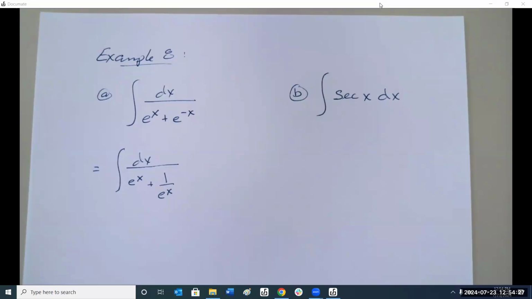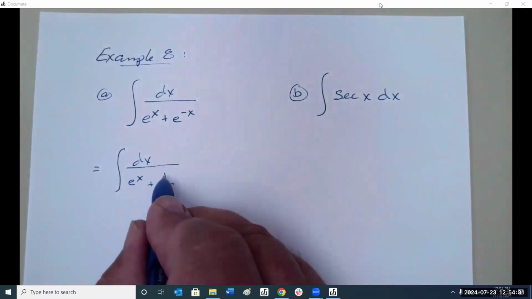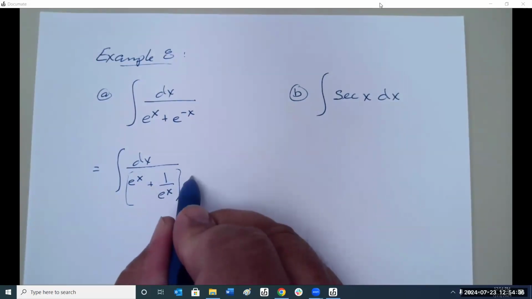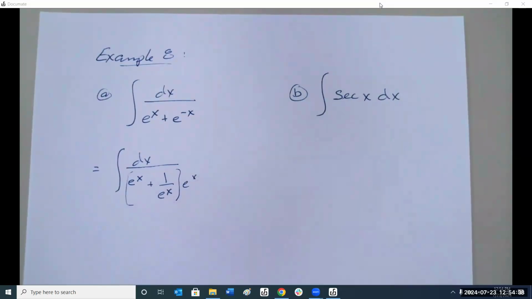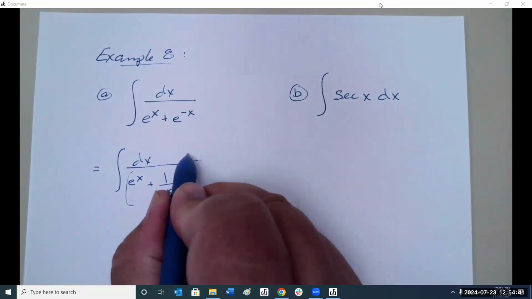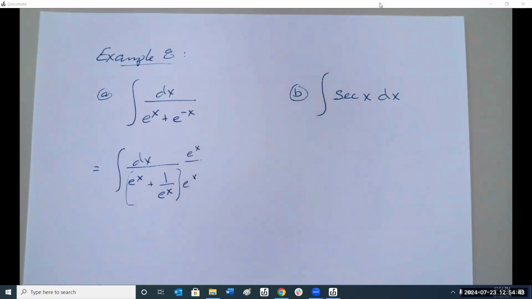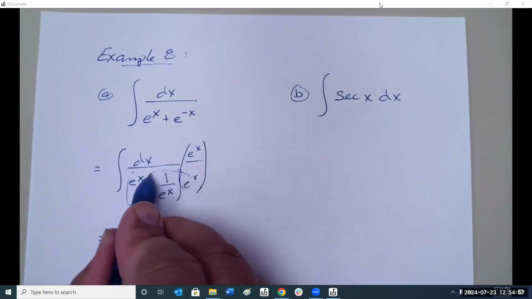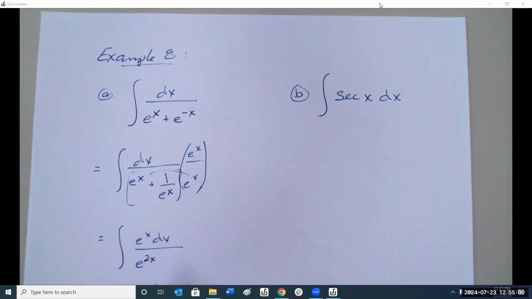So what do we do on the bottom to fix it up? Rationalize it. So I multiply everybody down here by e to the x, and e to the x on top. I'm multiplying by 1. So I have e to the x dx. E to the x times e to the x is e to the 2x.